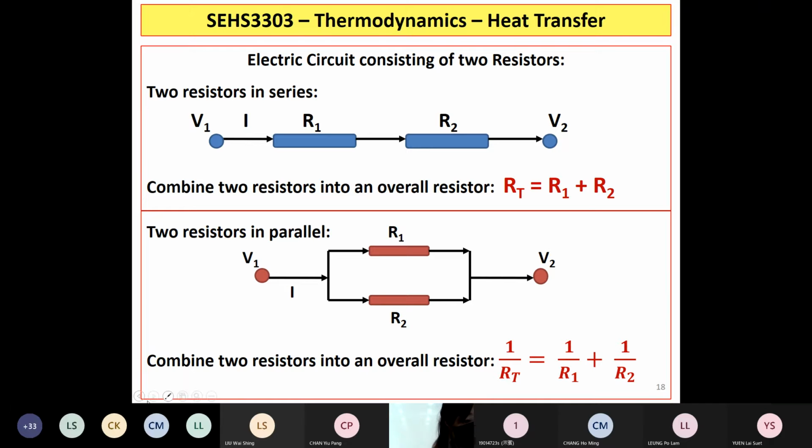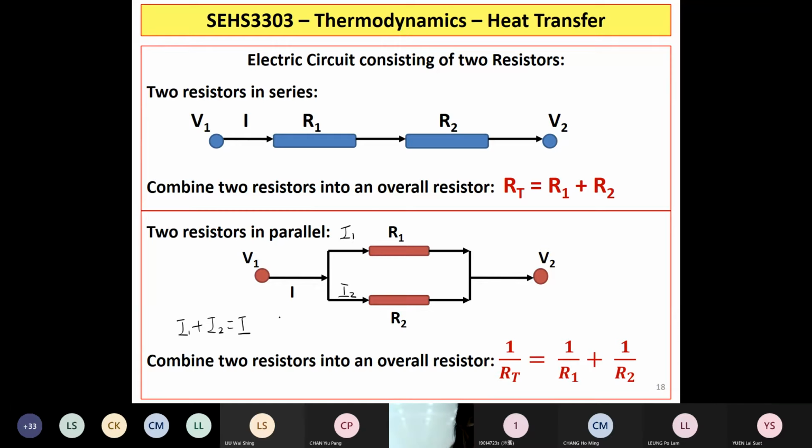So if you do not know Ohm's law, maybe I need to show you here. That should be the current split by these two loops. Here we have I1. Here we have I2. So I1 plus I2 equals I, right? And from here to here, the voltage drop is the same.